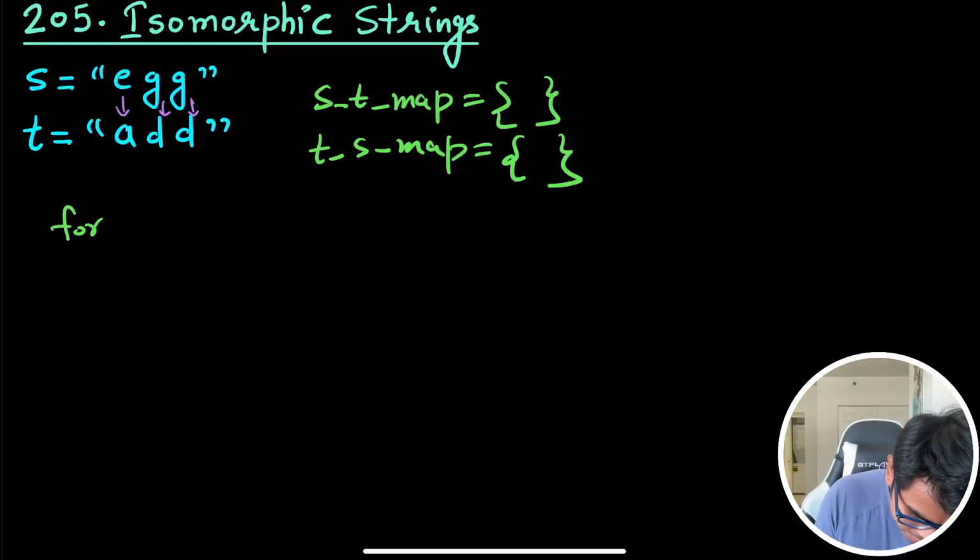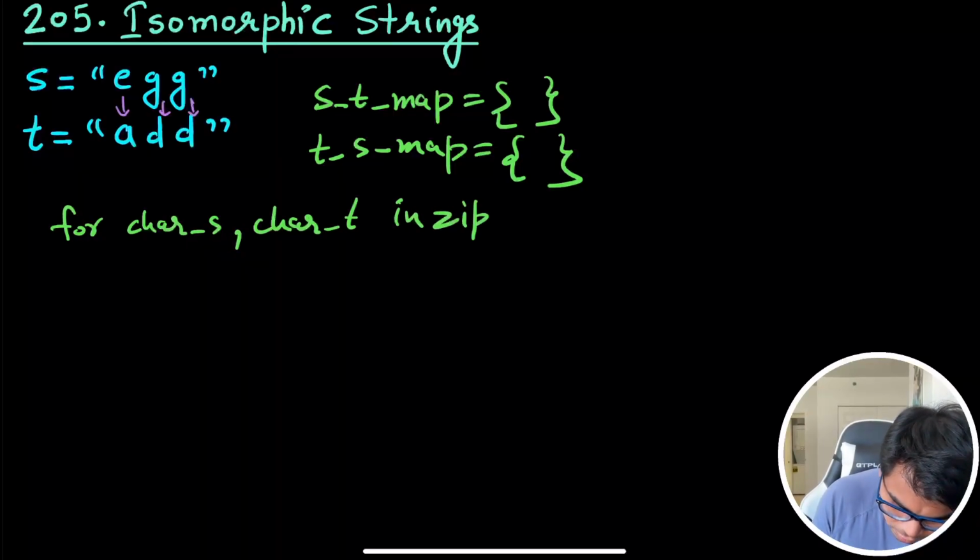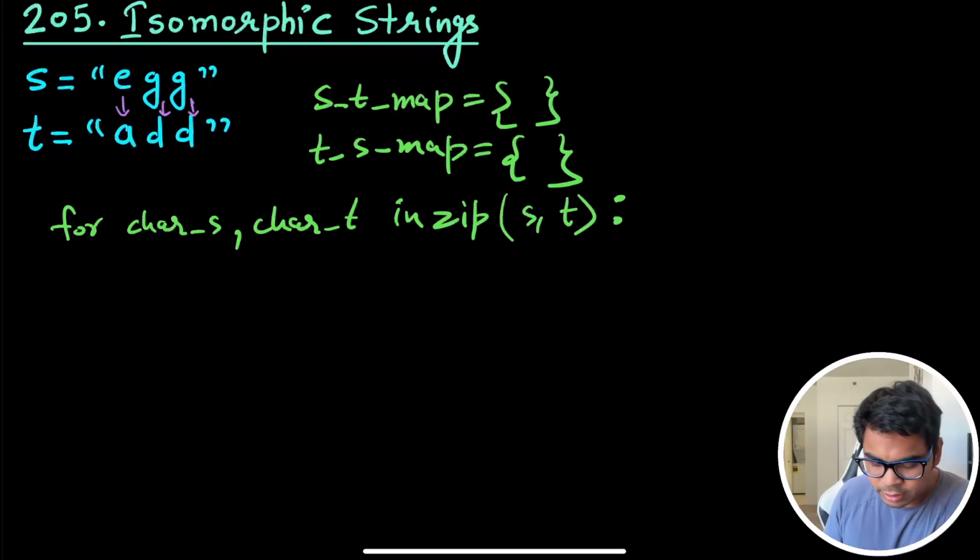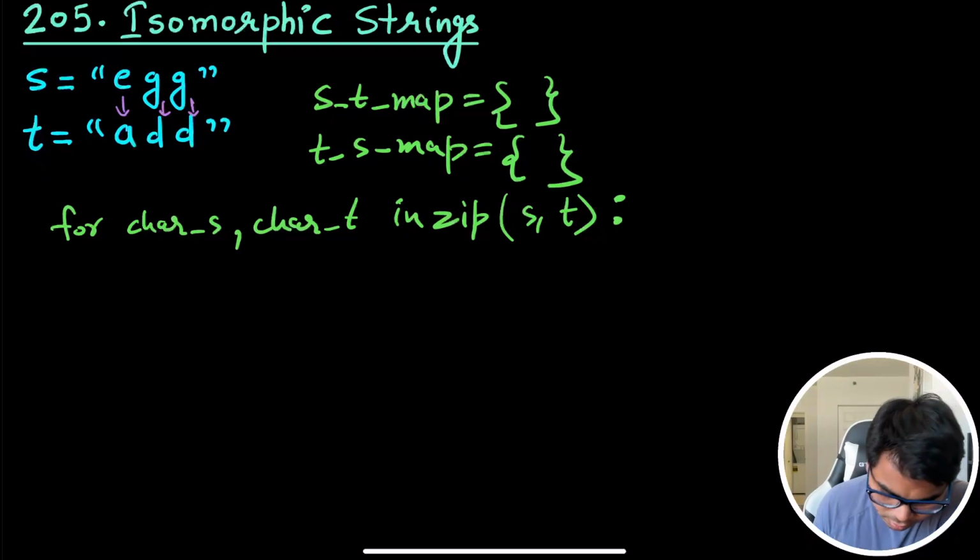So let's say char S and char T in zip S and T. I'm just zipping them, that's not the exact format. You'll have to zip, and then basically this might be the same format that you access or enumerate.